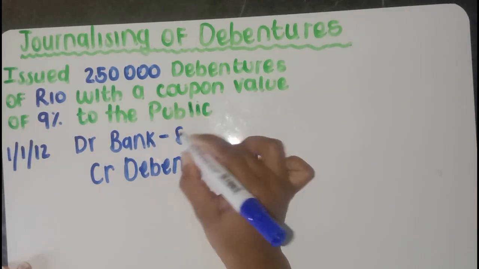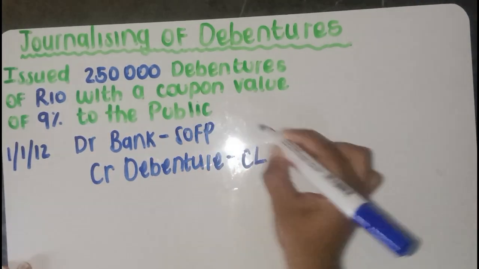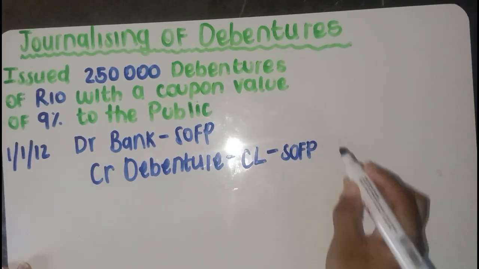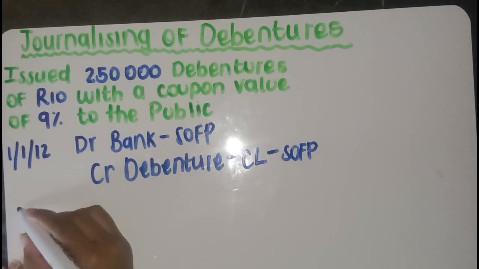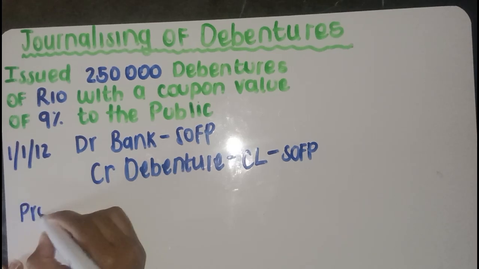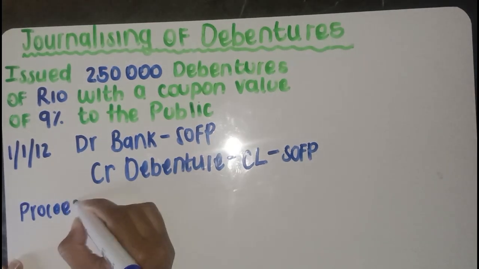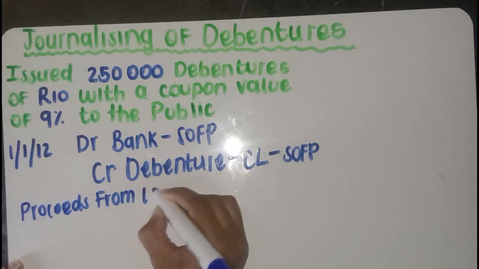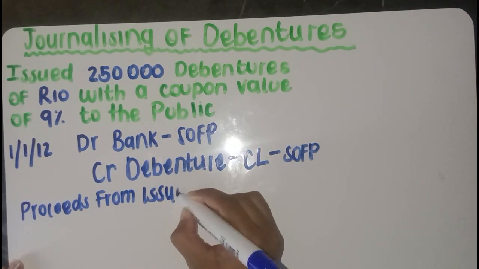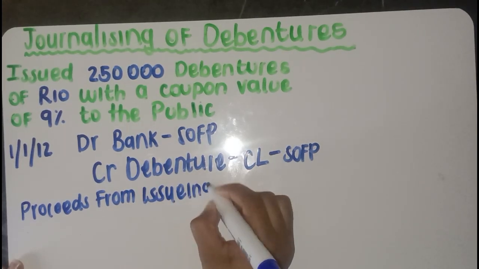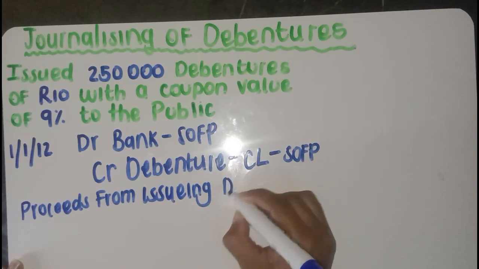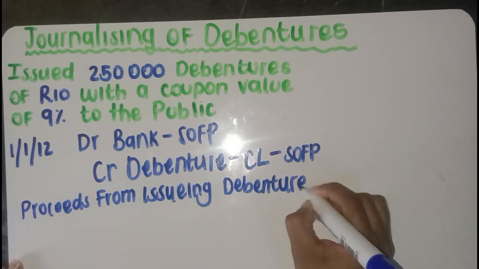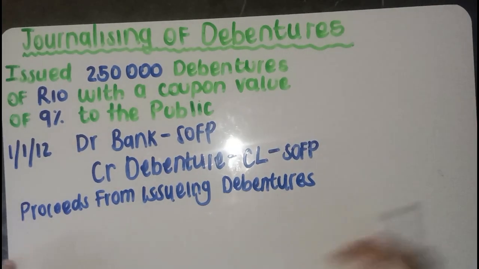And this is statement of financial position, and this will be statement of financial position as well. And then you'll say proceeds from issuing debentures.